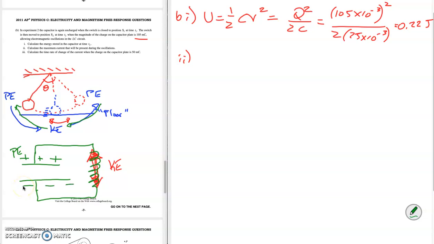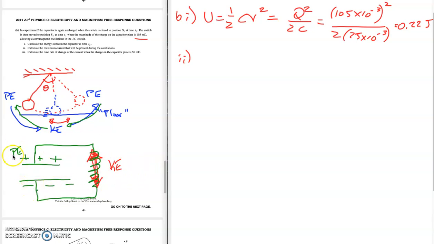And effectively what we have here is the electrical version of a swing, where you can see we start out with potential energy on the left, swings through, now we have kinetic energy, and then ends up with potential energy again, but mirrored on the opposite side. So we start out with potential energy, end up with kinetic energy, and then we end up with upside down potential energy. That's what's going on here.